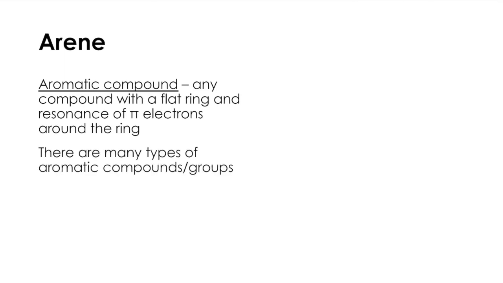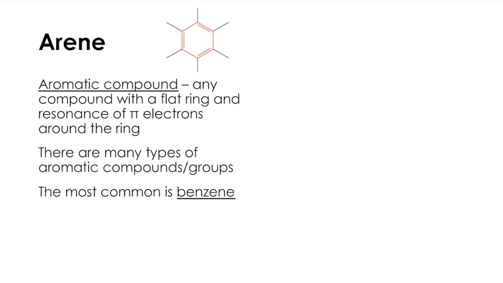There are many types of aromatic compounds and groups, but the type that's most common that we're going to be focusing on is benzene. And benzene is this red part here that is essentially a 6-carbon ring with alternating double and single bonds. That is an aromatic compound that is called benzene.